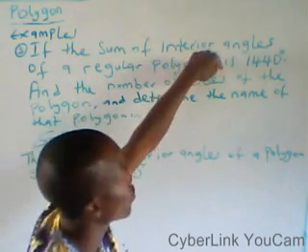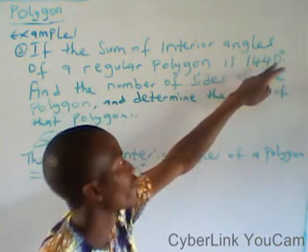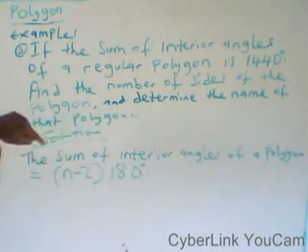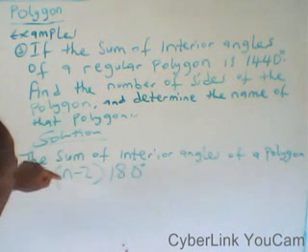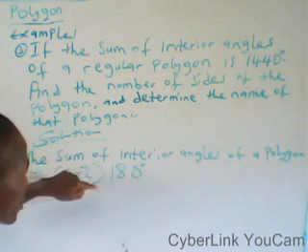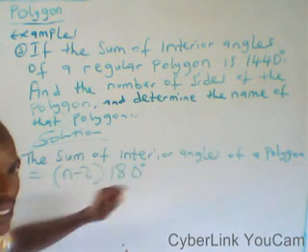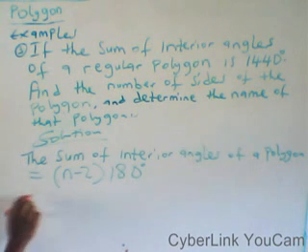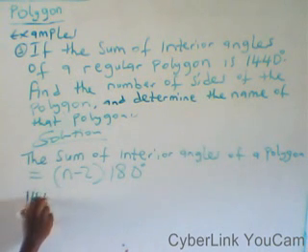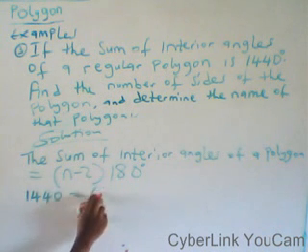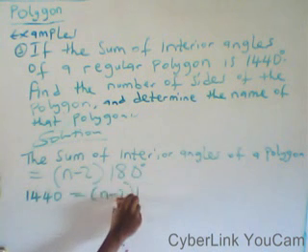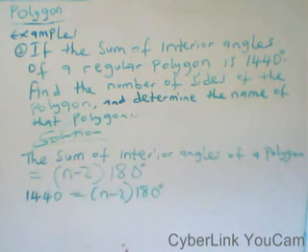They say the sum is equal to 1440. That means 1440 is equal to (n minus 2) times 180 degrees.